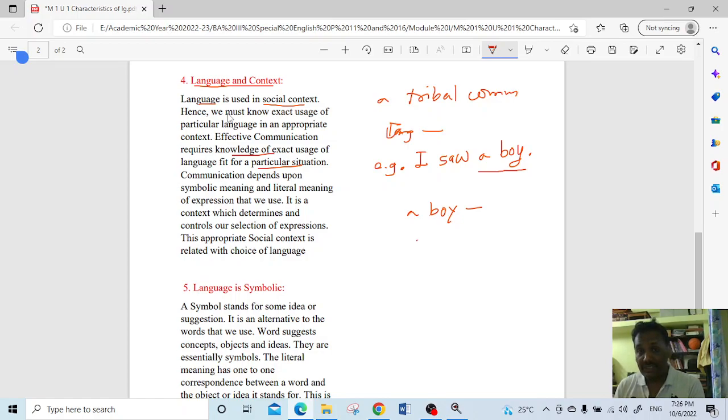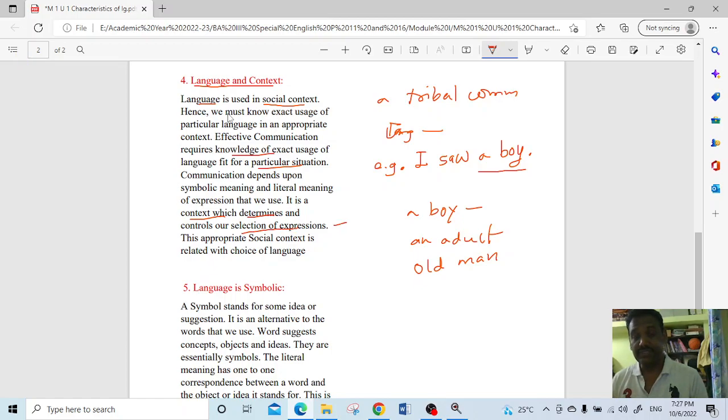It does not mean an adult or old man. So, the social context in which language is used, we must understand it. So, it is the social context that decides, determines, and controls our selection of expressions.